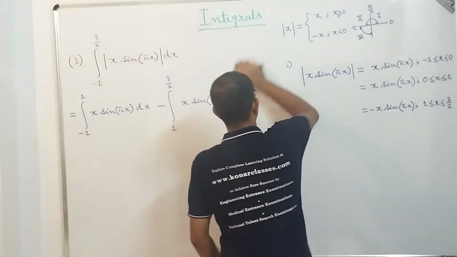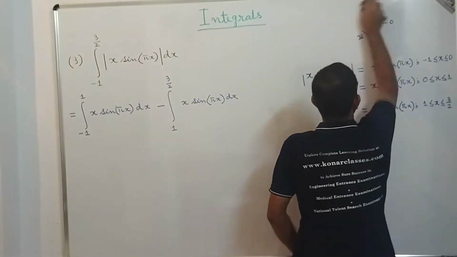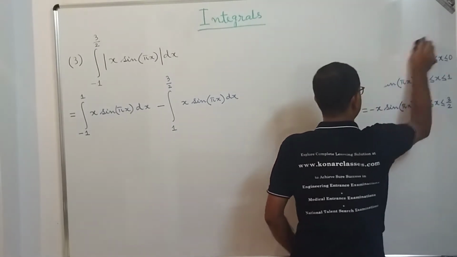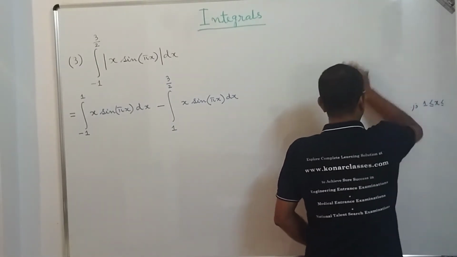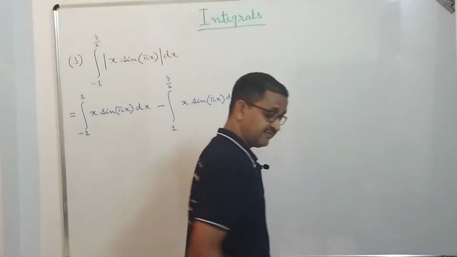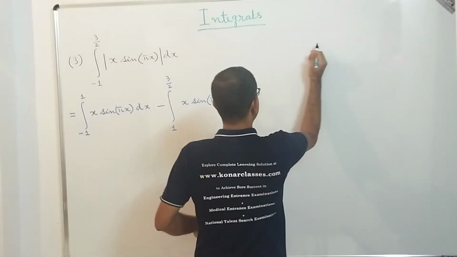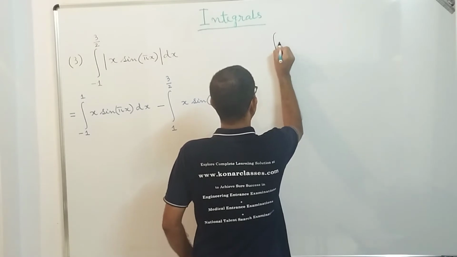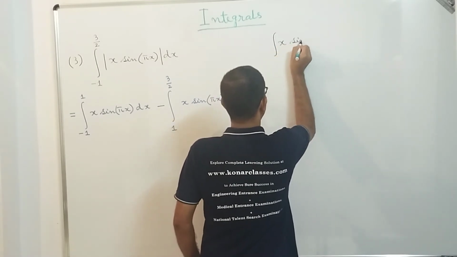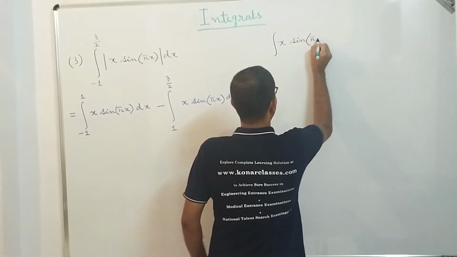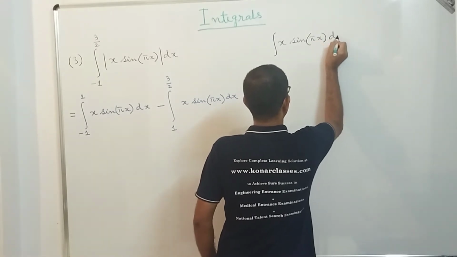Okay? So let's see how we can do it here. Let me do it in this portion of this board. And we will compute the indefinite integration first. So what is that integration here, dear students? That it is integration x into sin pi x dx.